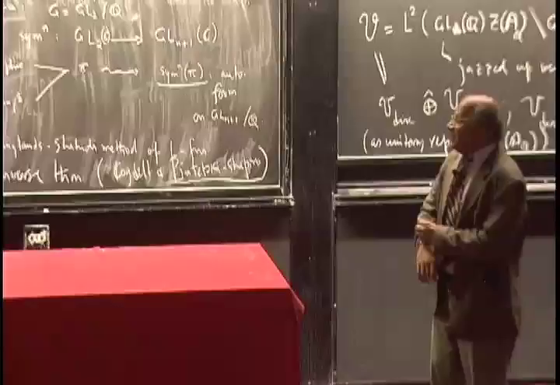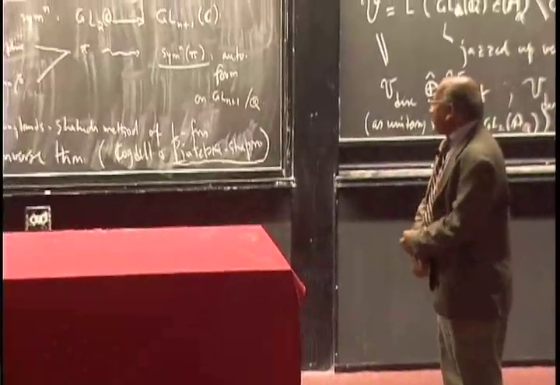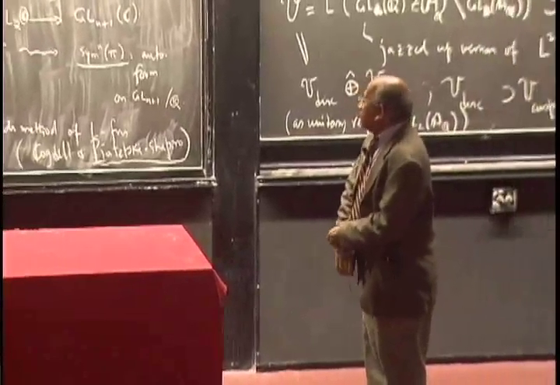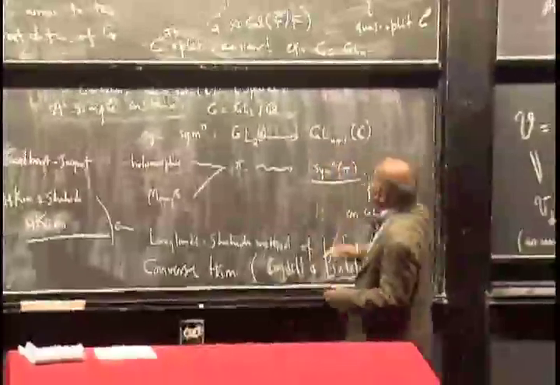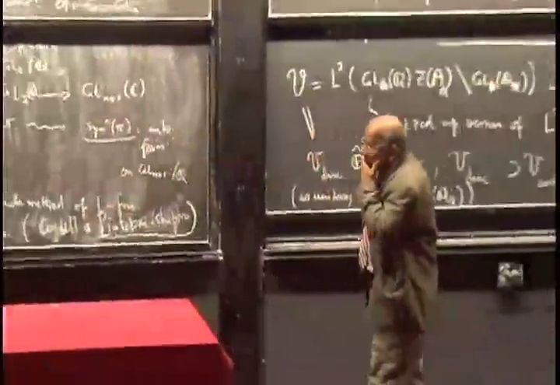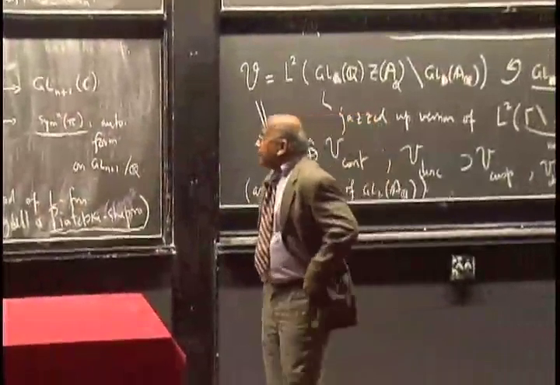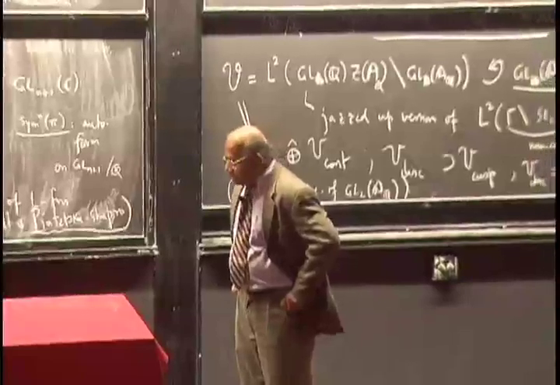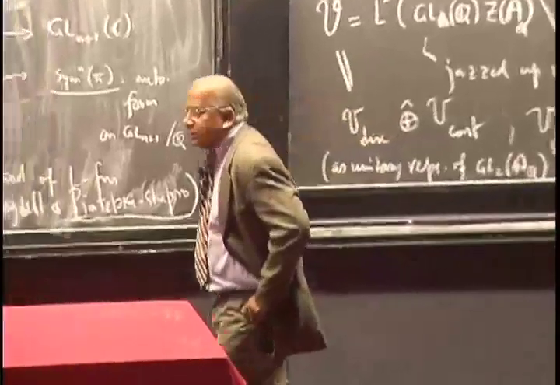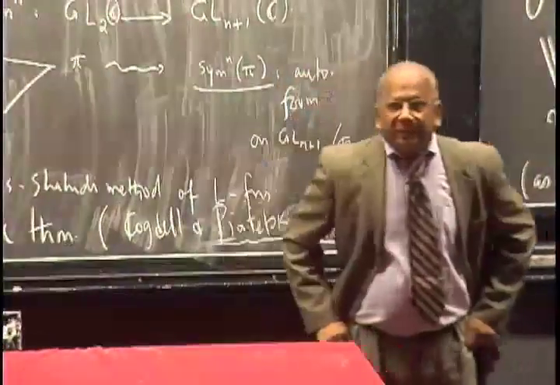Since I don't have too much time, I will just say orally, the Langlands method is to look at complicated L functions, certain things that come up in this theory, and he realizes them as non-constant terms of certain Eisenstein series on a larger group.